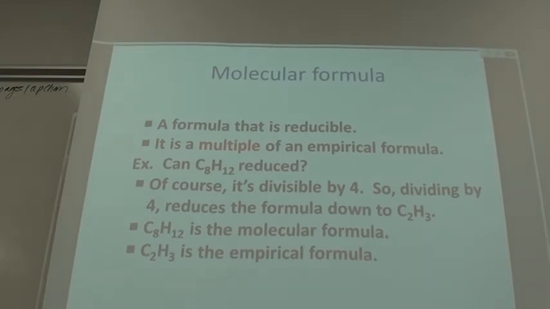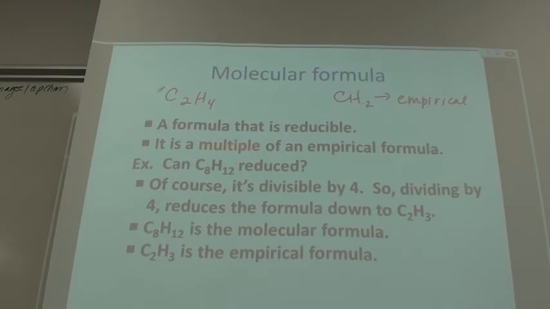Okay, ladies and gentlemen, turn your paper over. I believe I gave you the definition of a molecular formula. Remember we talked about the empirical formula that the analytical chemist figured out? An example of a molecular formula: somebody could say, I found this, and the analytical chemist says, hey, it's still in a 1-to-2 ratio.